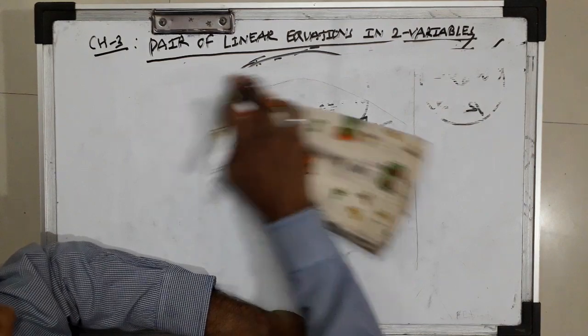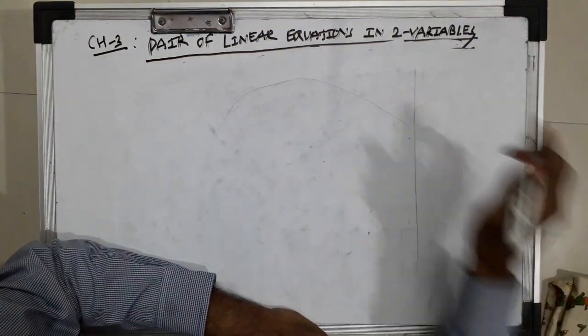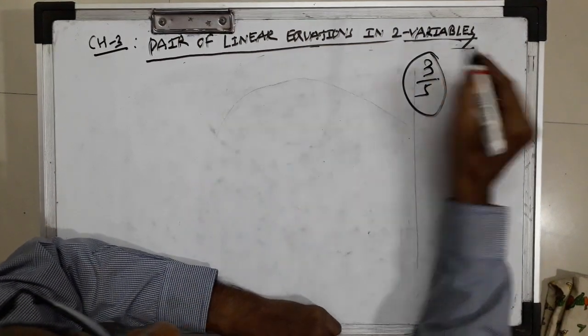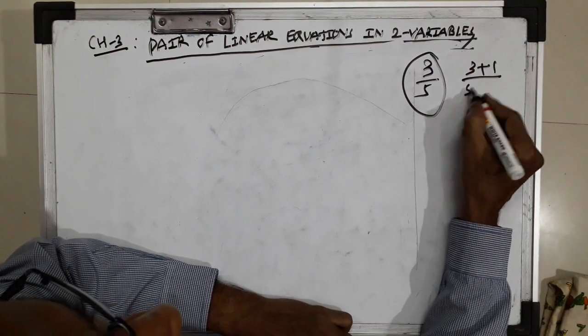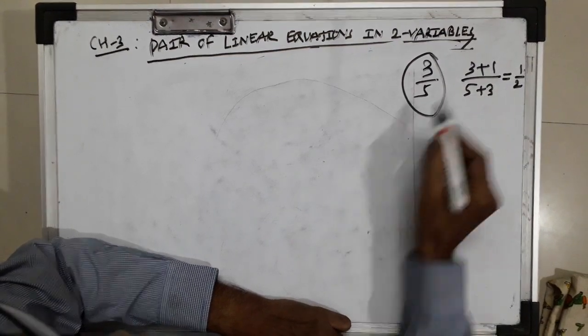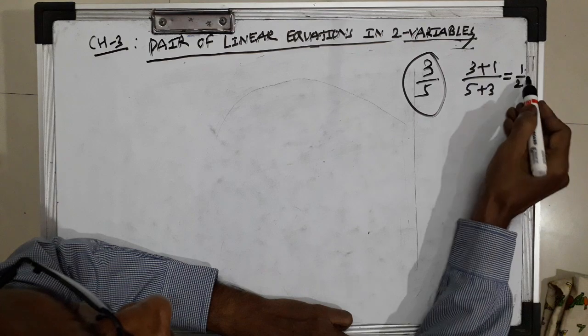Suppose we take some examples related to fractions. Suppose our fraction is 3 by 5. If 1 is added to the numerator and 3 is added to the denominator, the fraction becomes 1 by 2. See, because 3 plus 1 is 4, 5 plus 3 is 8, 4 by 8, 1 by 2.